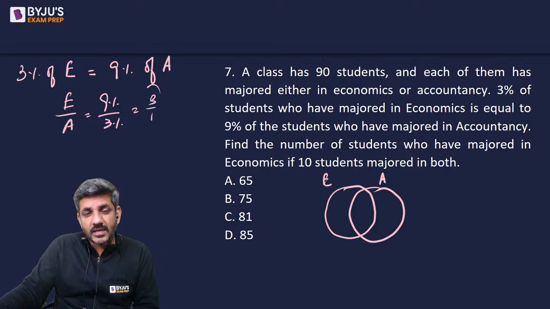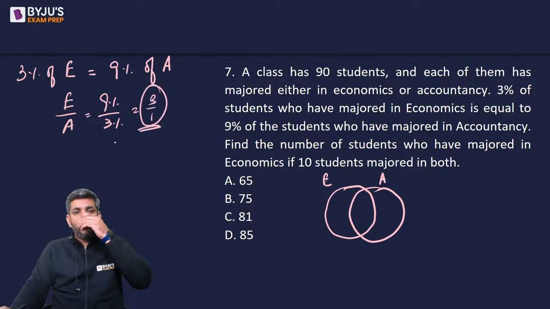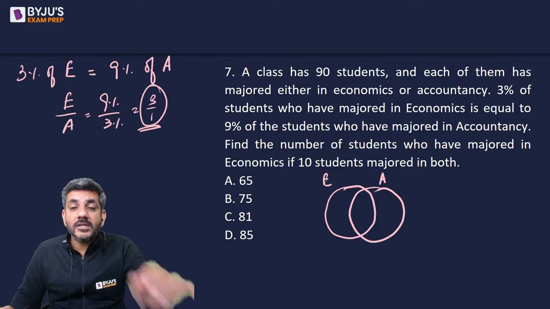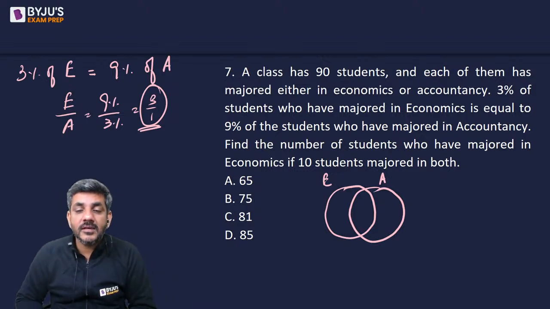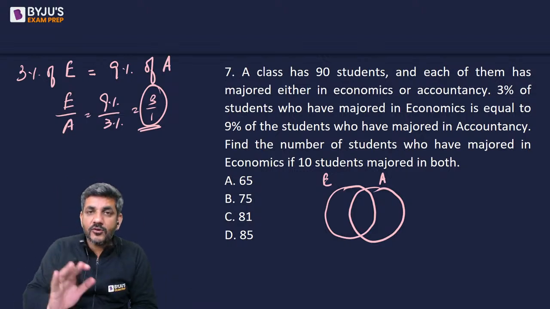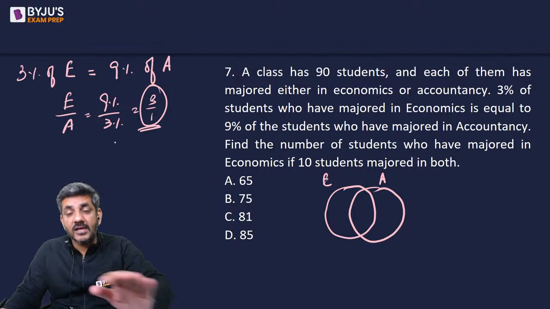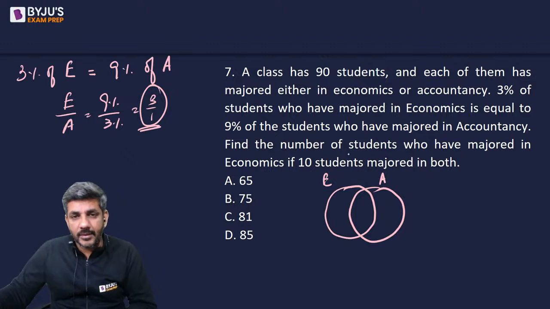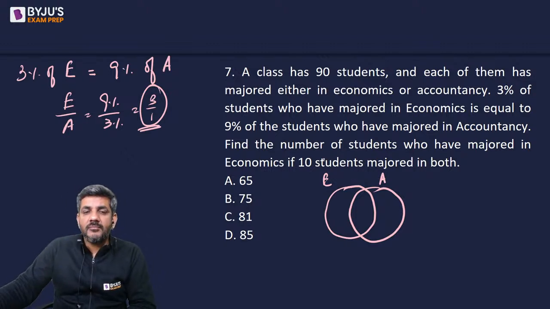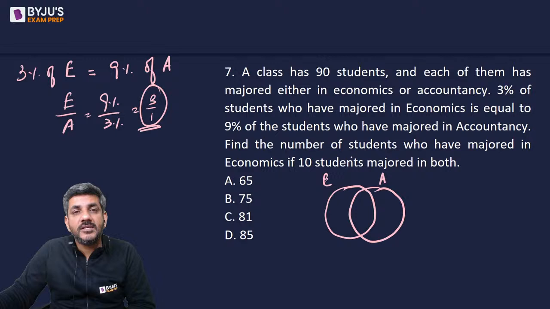That is 3 by 1. That means the number of people who majored in economics is triple of the number of people who majored in accountancy. इकोनॉमिक्स वाले लोग जो है वो अकाउंटेंसी वालों का ट्रिपल है, right? They are thrice of the accountancy people.